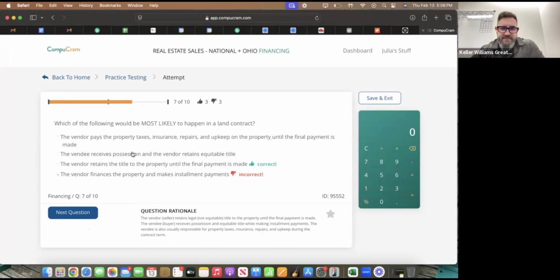And the word possession is also a little bit tricky when you have someone who's renting a home on a land contract, because your gut would tell you that possession is the person who's living there, when that's not correct. In a real estate transaction, the person or entity that has possession is the owner, not the lessee or the vendee.